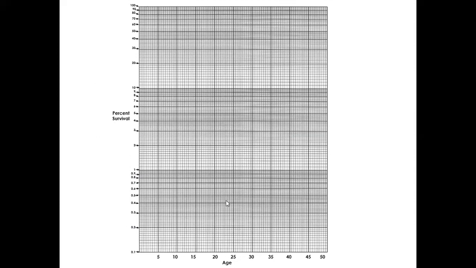Basically, this is a way you can plot a large range of numbers on the same sheet of paper. If you go from 1 to 2 and 2 to 3, you can see it shrinks by about two-thirds as much.